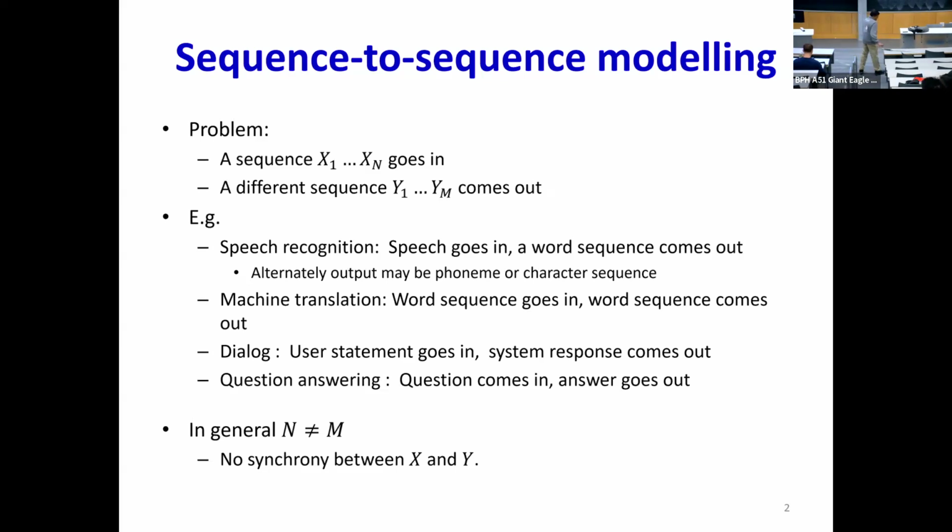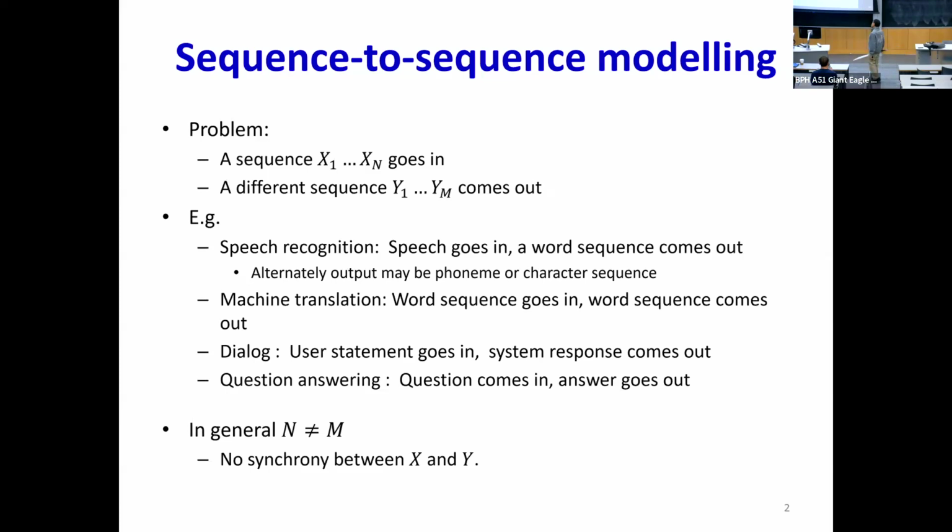The generic setting is to think of it as a sequence-to-sequence converter, where some sequence x1 through xn goes in, some other sequence y1 through ym comes out, and there need not be any correspondence between n and m. So the length of the sequence that goes in need not bear any direct relationship to the length of the sequence that comes out.